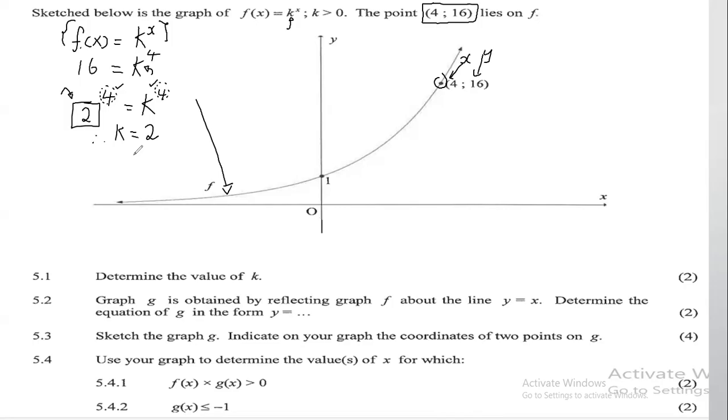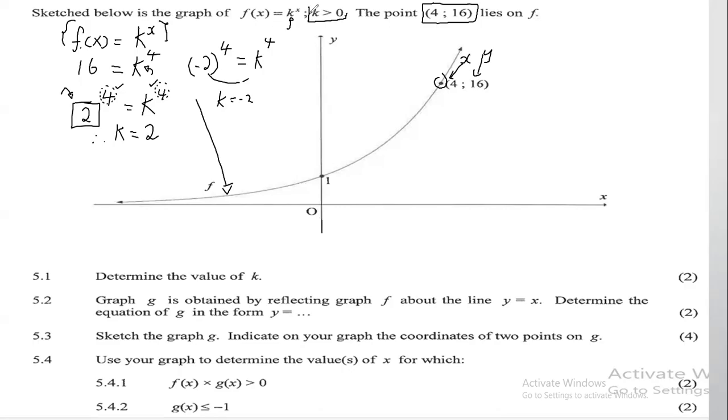Or another possibility, we could have said minus 2 to the exponent 4. Also minus 2 to the exponent 4 is 16. This is possible. But in this case, we will say k is negative 2, which is not true because we are told that k is above 0.